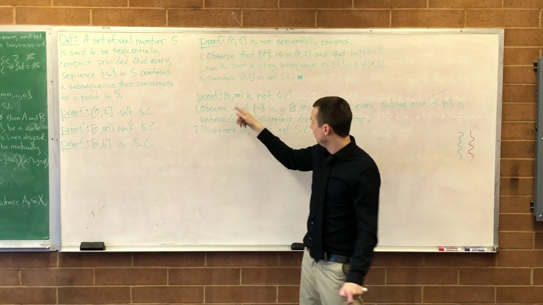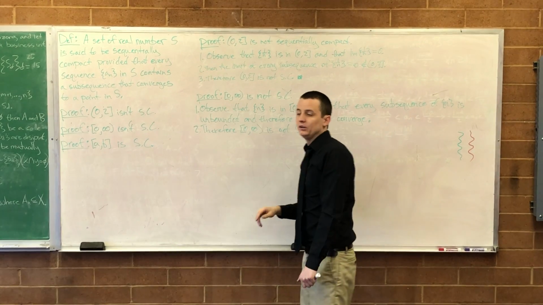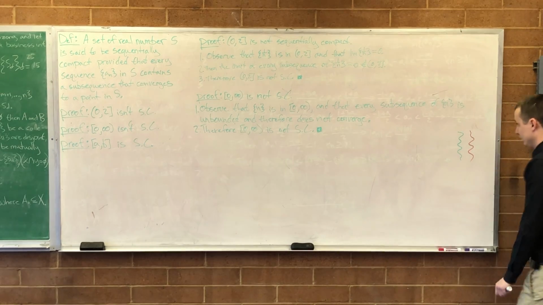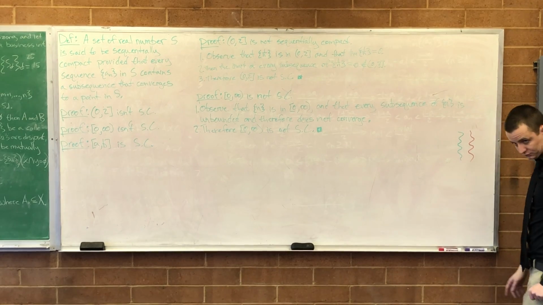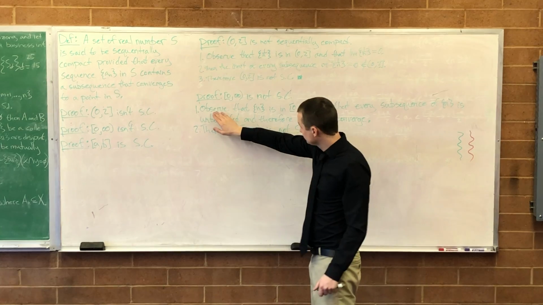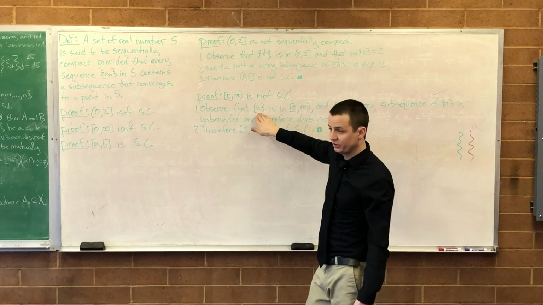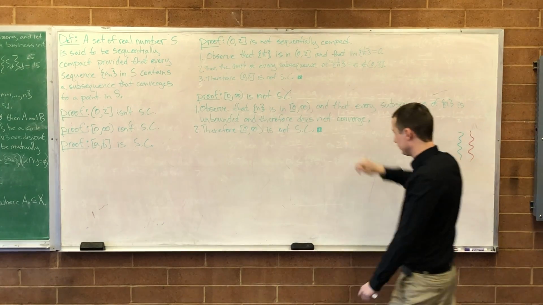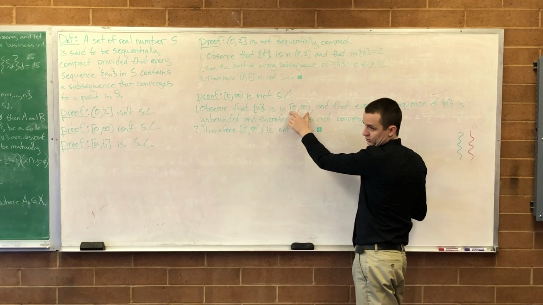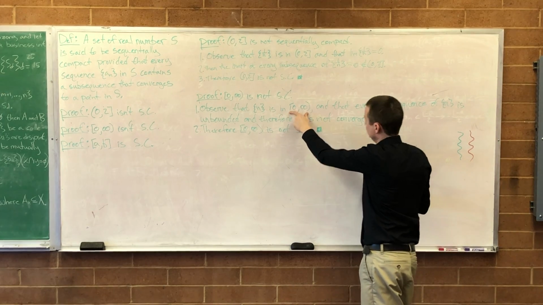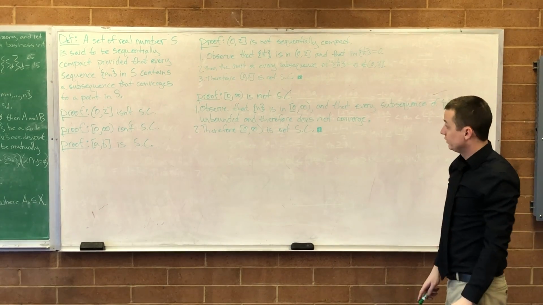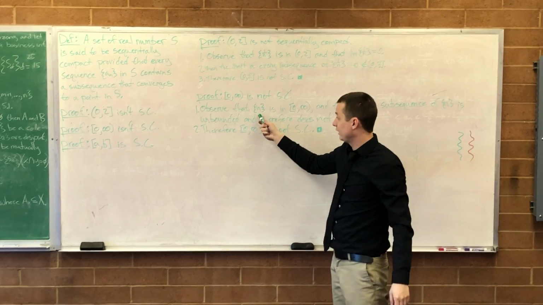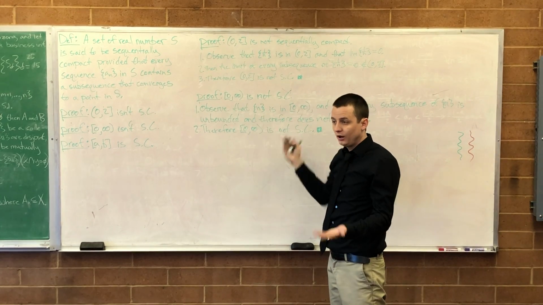Let's do another one. The closed interval 0 all the way to infinity is also not sequentially compact. Let's see an example here. Observe that just the natural numbers is a sequence in here, right? And every subsequence of the natural numbers is going to be unbounded.